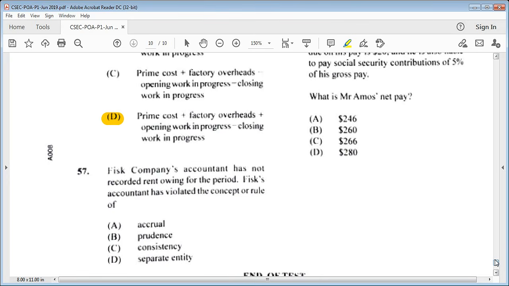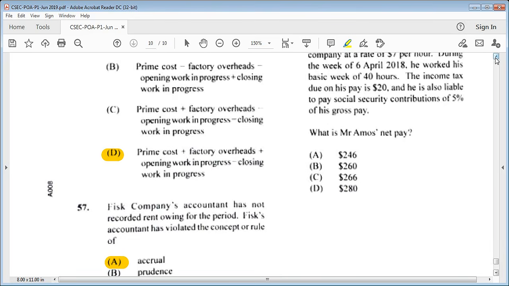57. It says, Fisk company's accountant has not recorded rent owing for the period. Fisk accountant has violated the concept or rule of A, accrual, B, prudence, C, consistency, D, separate entity. We know it is A, accrual. Rent owing, accrual. 58.